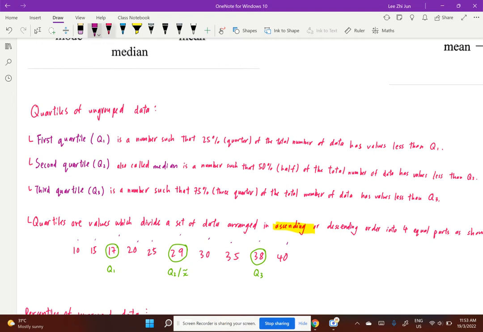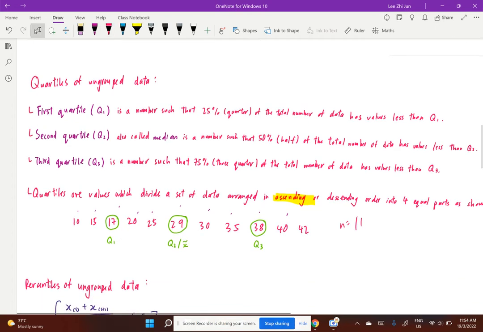I think it's wrong, so I just add on one number, so the total number will be 11. The median will be the most middle one, which is 29.